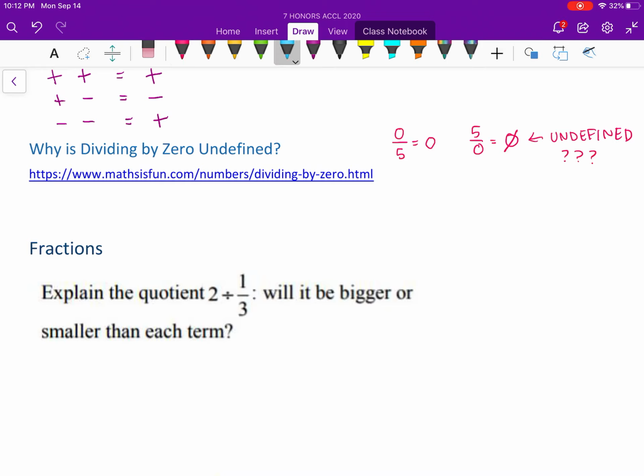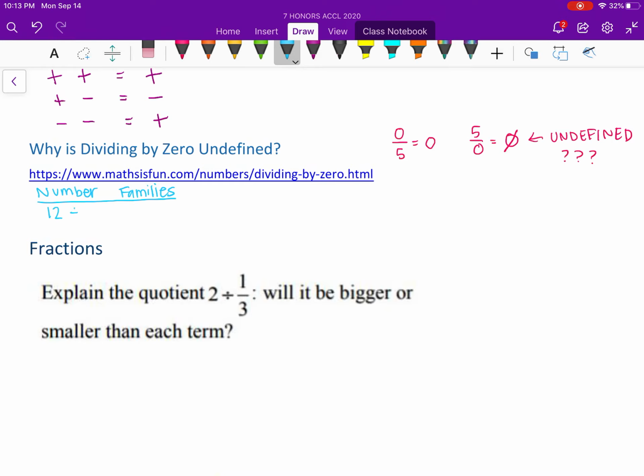Well, in order to demonstrate that, I'm going to give you guys an example, okay? I want you to think of number families. You guys learned about number families when you were in elementary school, okay? Remember, number families are any group of multiplication and division or addition and subtraction that you can do that will give you the same product or quotient.